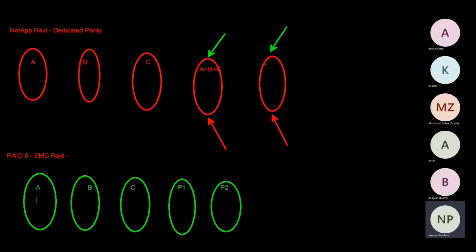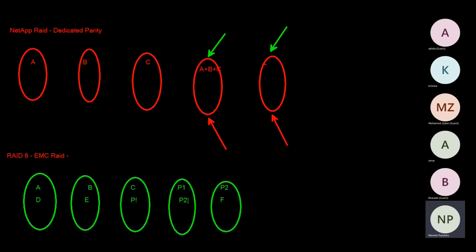Next, when it comes to the next stripe, the data is copied to the first drive, second drive, and fifth drive. And this time parity is distributed across the third drive and fourth drive.